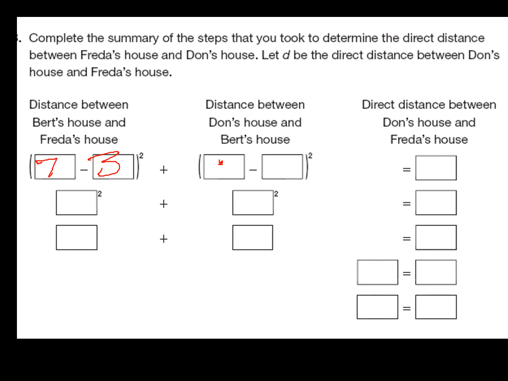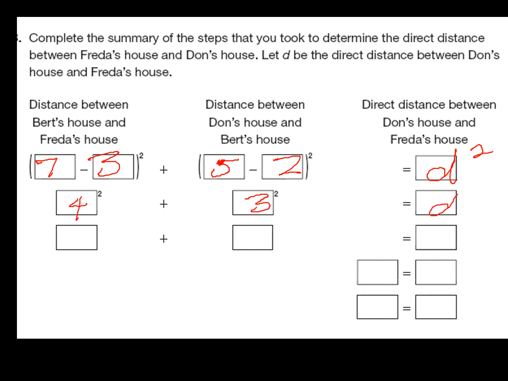Frida was at 7 and Bert was at 3. From Don to Bert, Don was at 5 and Bert was at 2. This was vertically, and you get that. And they kind of left this off on this graph, they should have squared the distance as well. Everything's getting squared. The way they do this is so you don't end up with negative numbers. 7 minus 3 is 4. 5 minus 2 is 3.